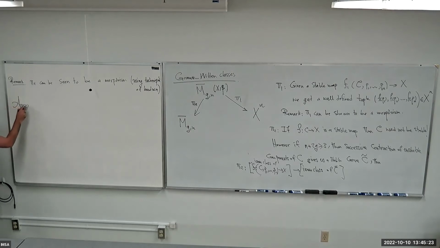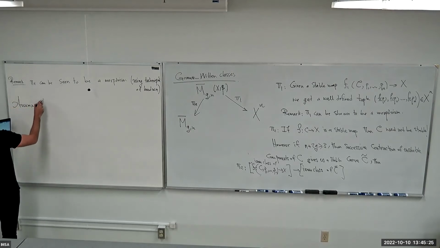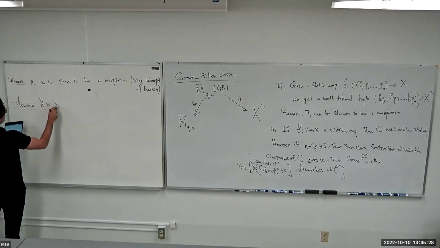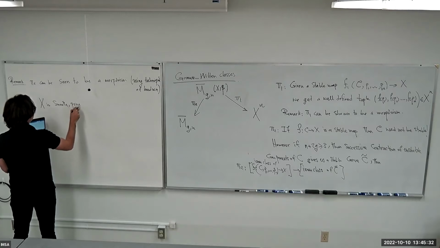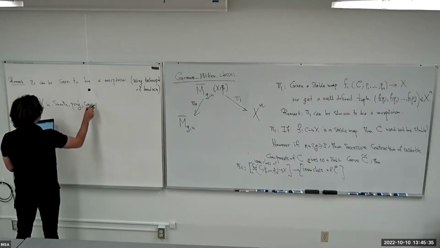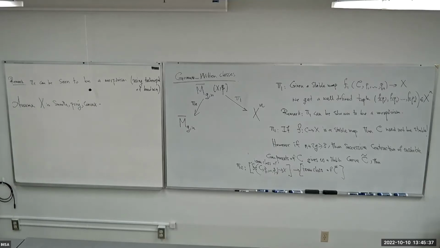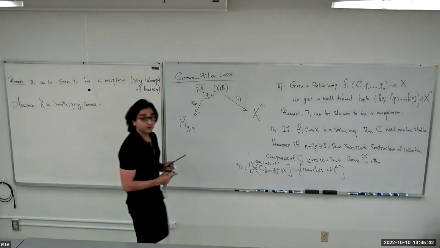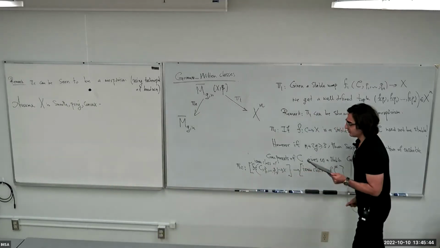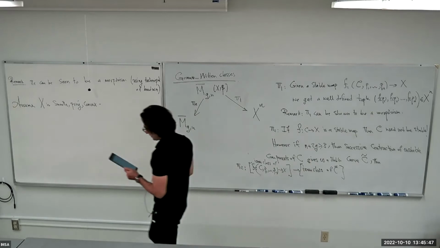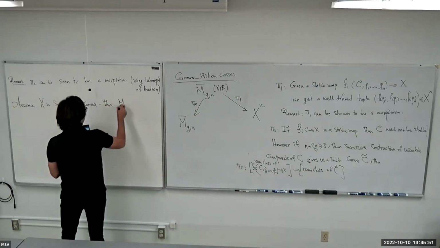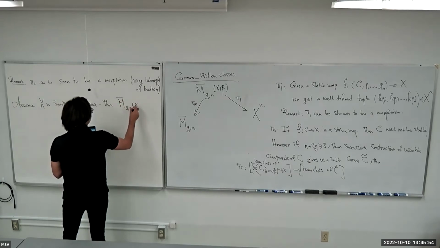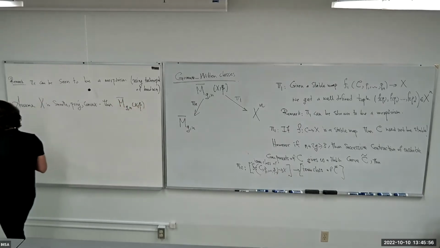Now assume X is smooth, projective, and convex. So its tangent bundle is globally generated even after being pulled back to P1 for any morphism from P1 to X. Okay, then M bar g,n(X, beta) is an orbifold.